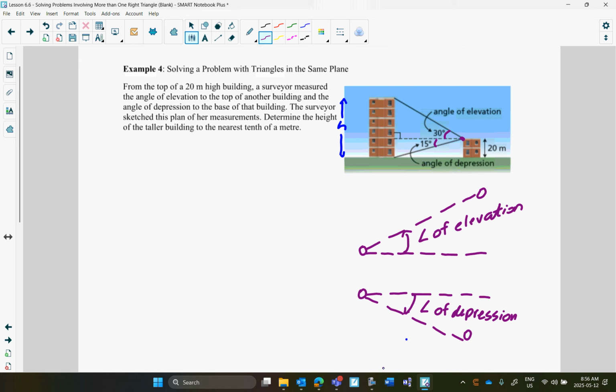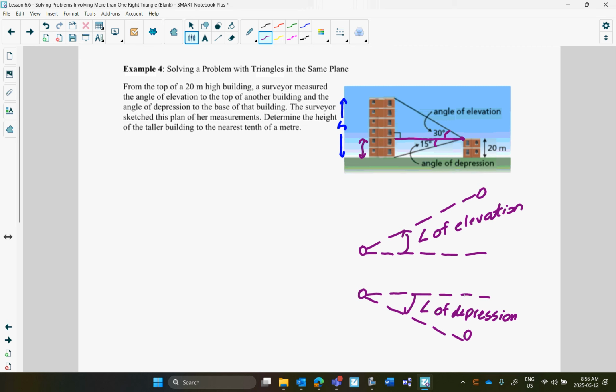Any ideas? Yes, absolutely. You need to find this. Because if you think about it, I already know this part.